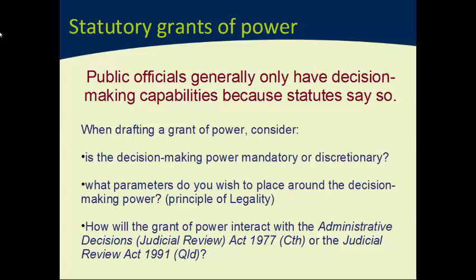Can they simply decide not to exercise the decision-making power, or must they make a decision whenever they're asked to make a decision? Second, what are the parameters you want to place around that decision-making power? Generally speaking, the decision-making authority of a public servant is not going to be at large. They can only make the decision within certain parameters that have been established by the legislation.